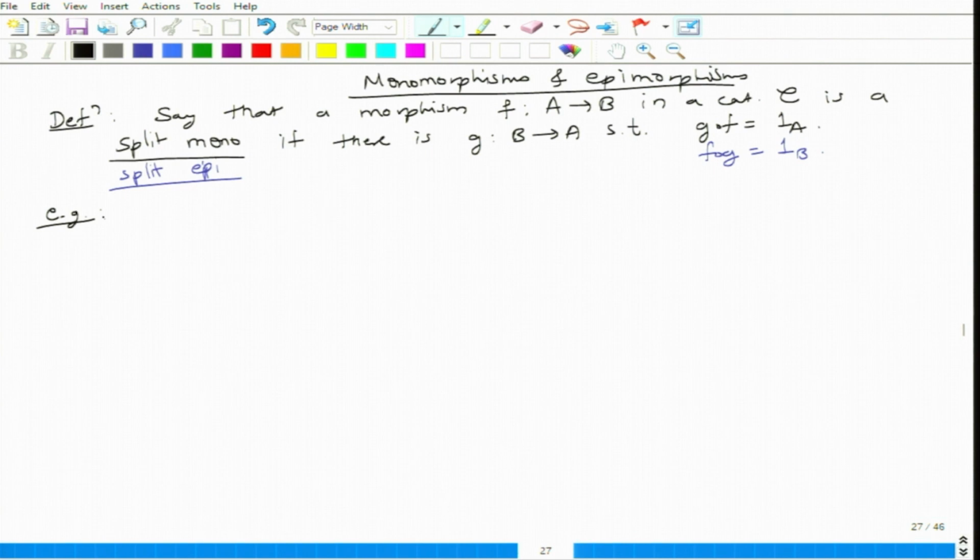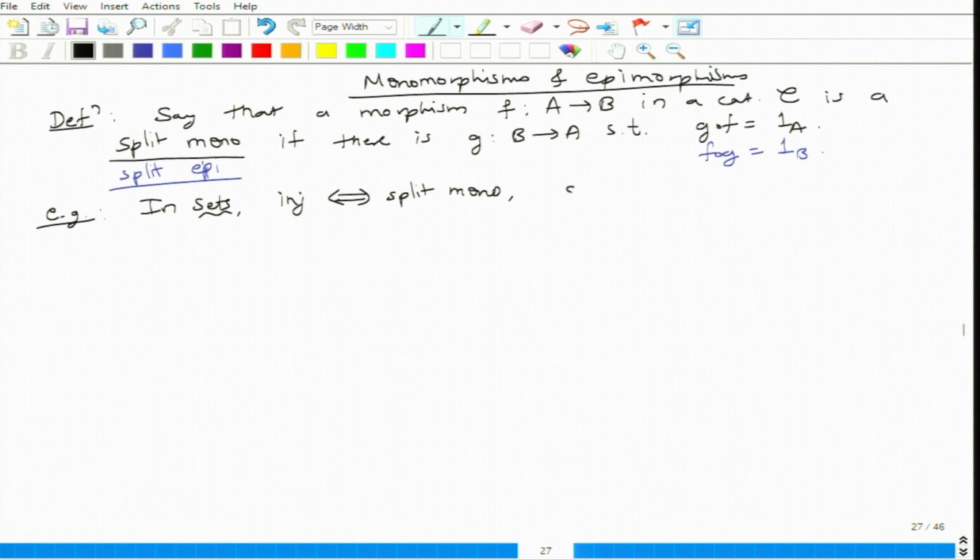Is it true that every injective function is a split mono in the category of sets? Injective if and only if split mono.